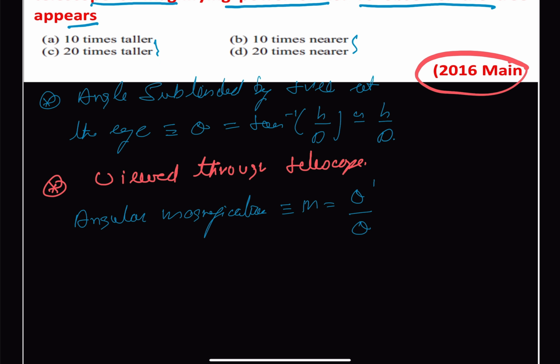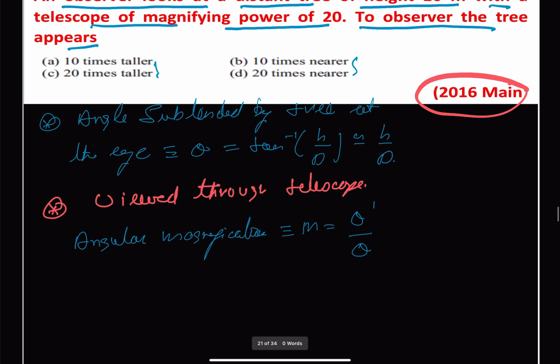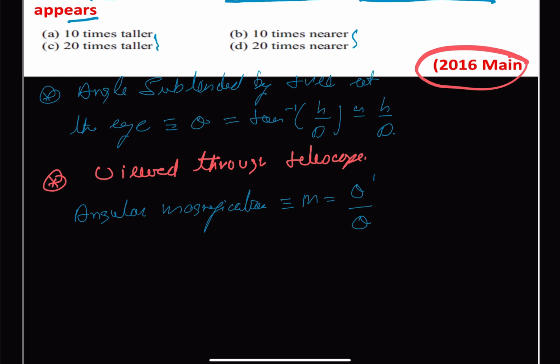And here theta prime is the angle subtended by the image when seen through the telescope. And we are given that the magnifying power is 20. So we can write theta prime will be equal to m times theta. So this comes to 20 times h upon d.